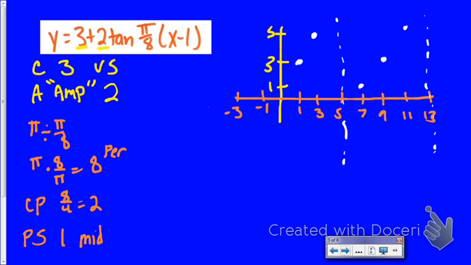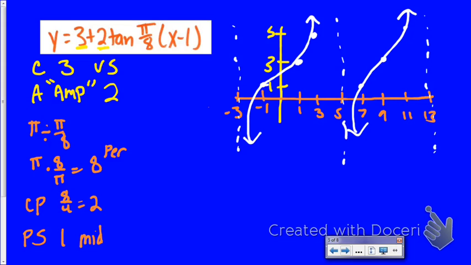And I'm going to continue this pattern on the other side. My next critical point to the left of 1 is negative 1. 0 is not actually a critical point. Well, there's another asymptote. Then I just connect my dots, and I get my tangent graph. So there is a fully graphed tangent function.